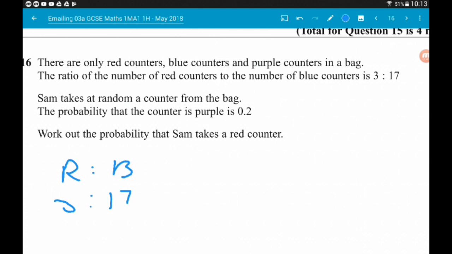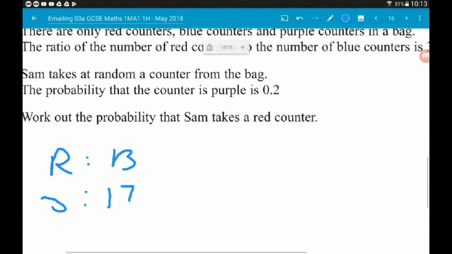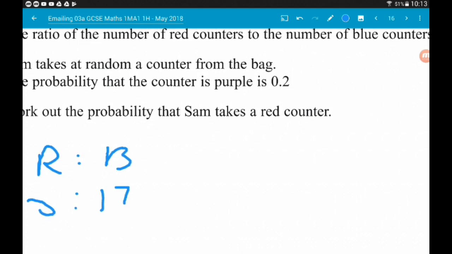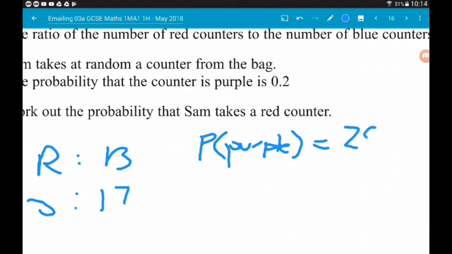So I think the easiest way for us to go here would be to work with percentages. So to change a decimal into a percentage, we multiply by 100. So we can say then the probability of getting a purple, well, it's 0.2. If we multiply that by 100, then we get 20%.